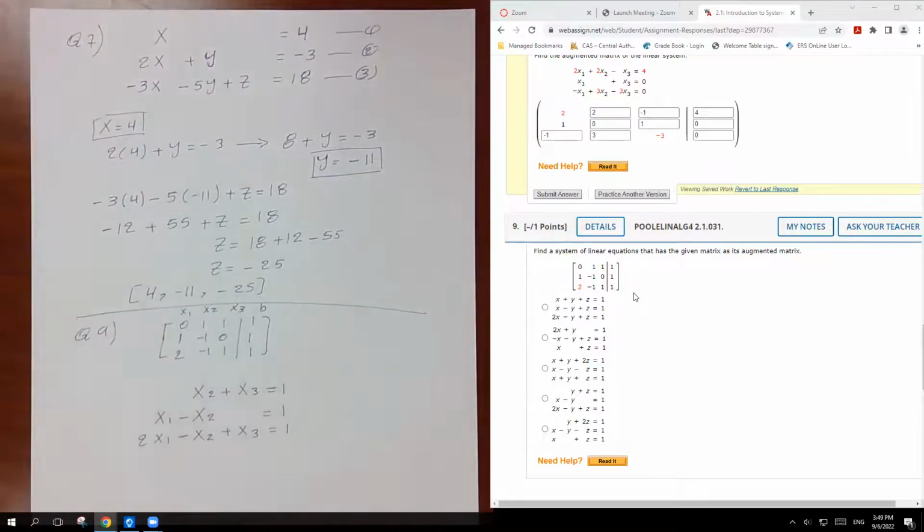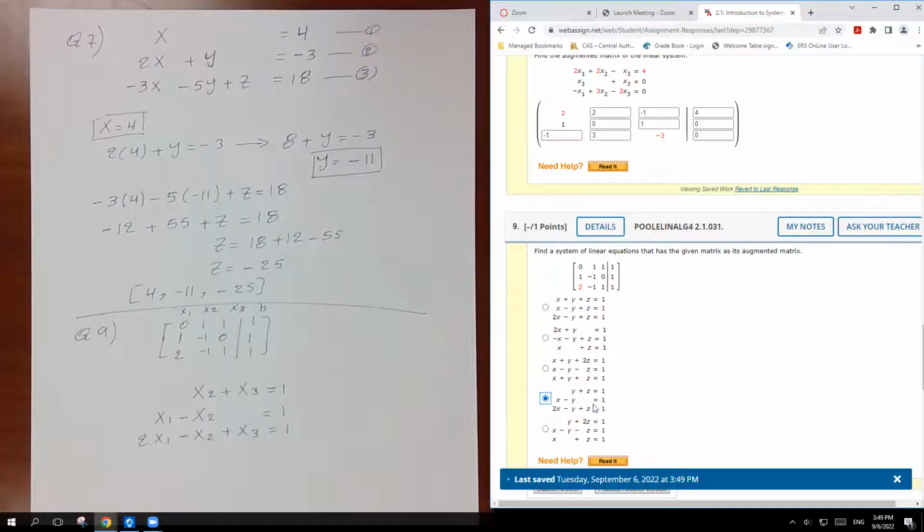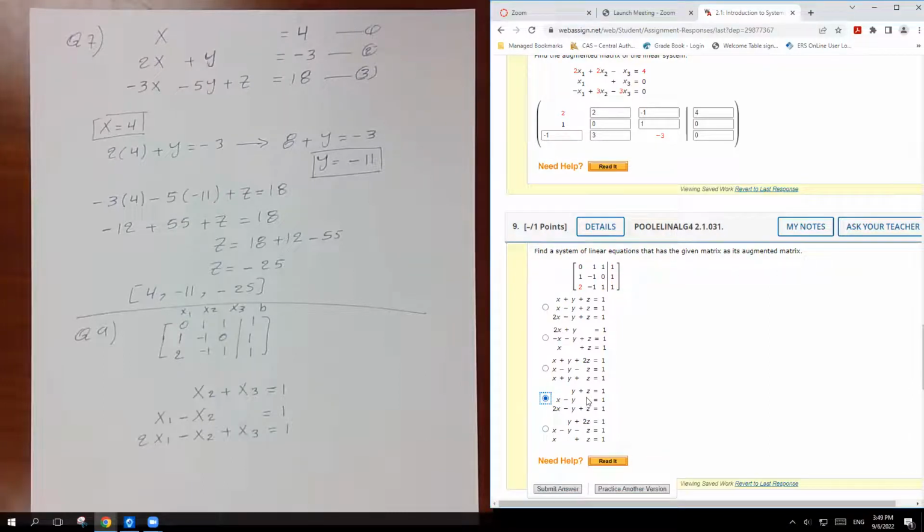That means here is the system for this augmented matrix. So which one? You see this option, there is no x1 here, or x, y, z, it depends on which variable you're going to use. So the same thing, now here is x, y, z, and the missing one is the z, which is x3, the same thing. Here is the last one.